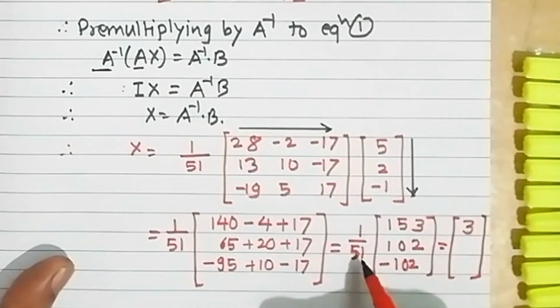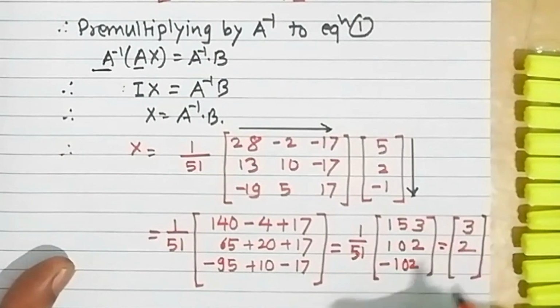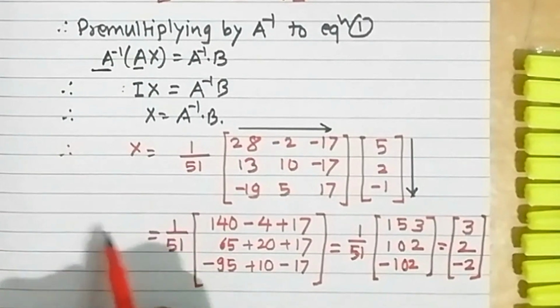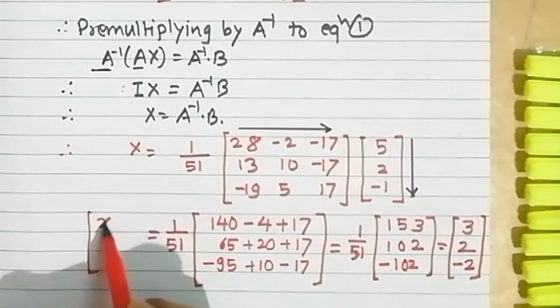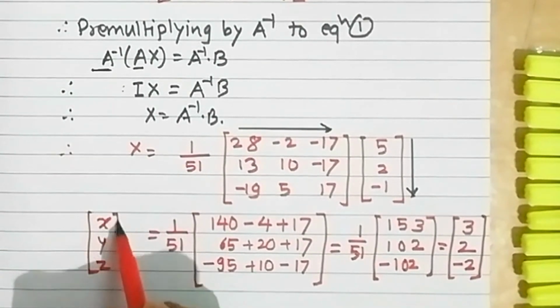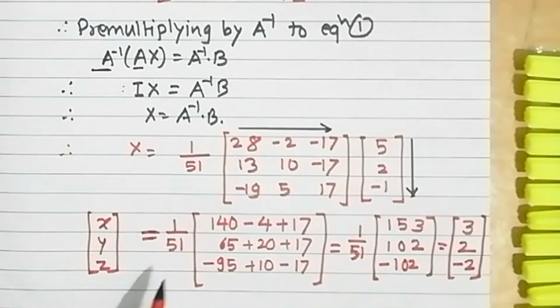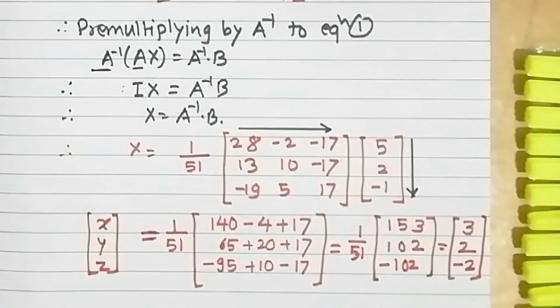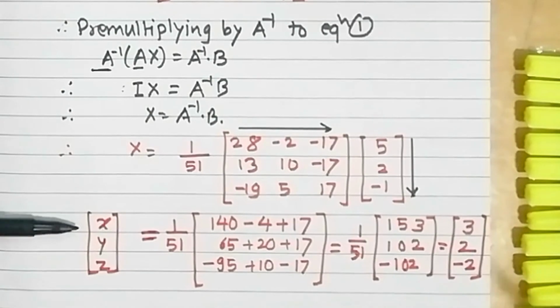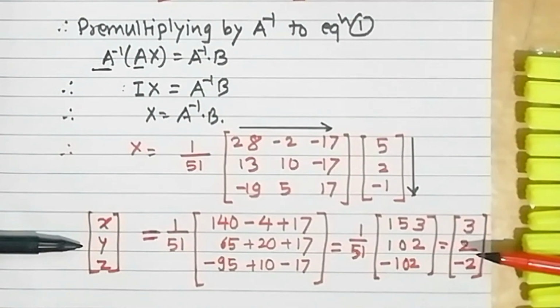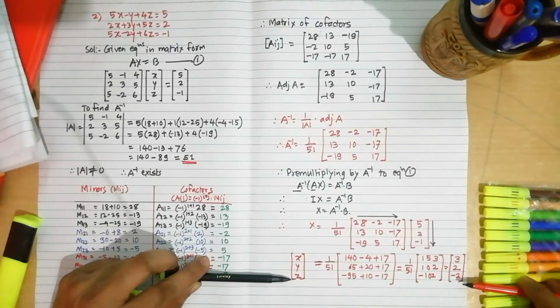Then 102 divided by 51 is 2, and -102 divided by 51 is -2. So the column matrix x, y, z is equal to these values. By equality of matrices, x is equal to 3, y equal to 2, and z equal to -2.